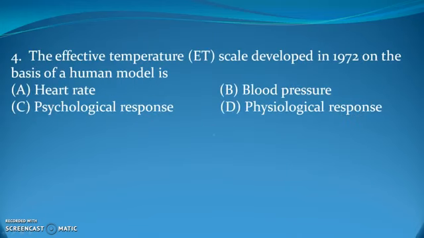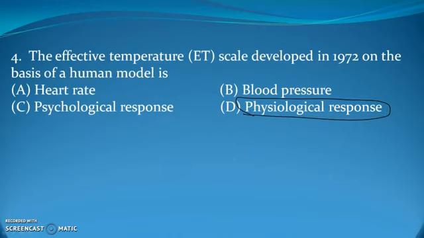Okay. Next, the effective temperature scale, ET, developed in 1972, is based on which human response? Heart rate is among the choices given, but you have to see what effective temperature is related to. Temperature and the body is related to the physiology of the body. When there is more temperature, we sweat. So physiologically the cells and the body behave accordingly.